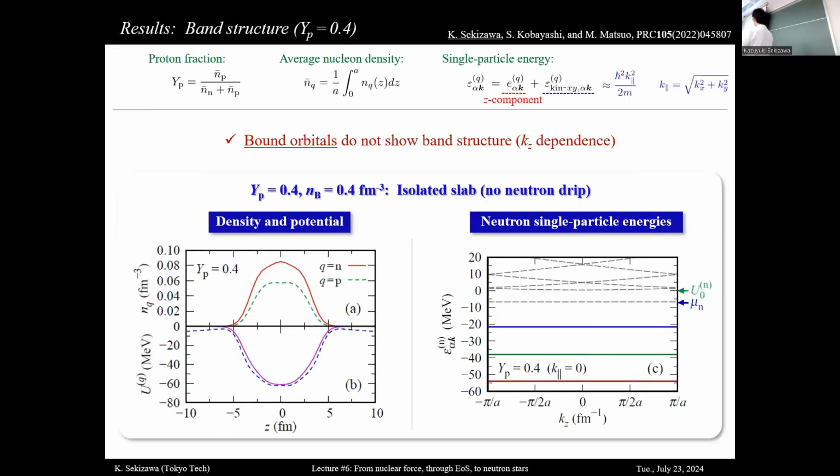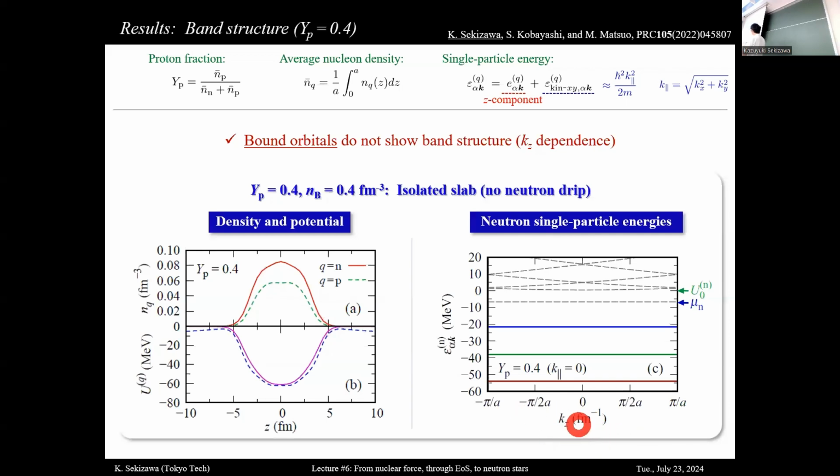Here I just show some examples. The left figure shows the density distribution of neutrons and protons, and the bottom panel shows the mean field potential. In this case, the proton fraction is large, so we do not have dripped neutrons. On the right-hand side, I show the neutrons' single particle energies as a function of Bloch wave number.